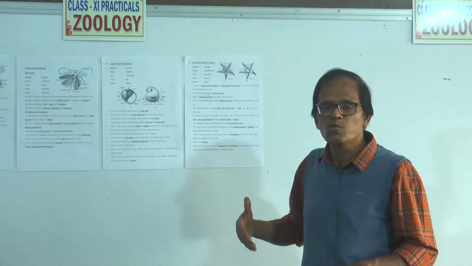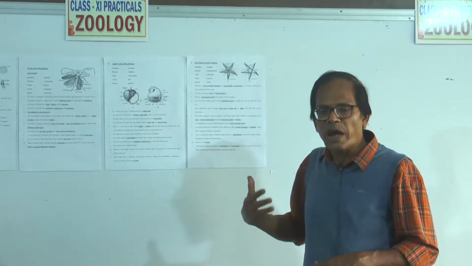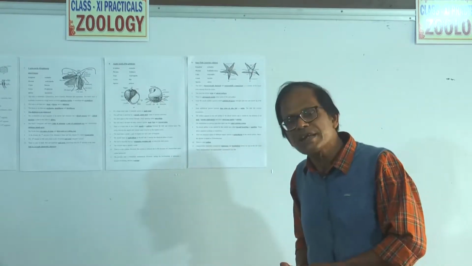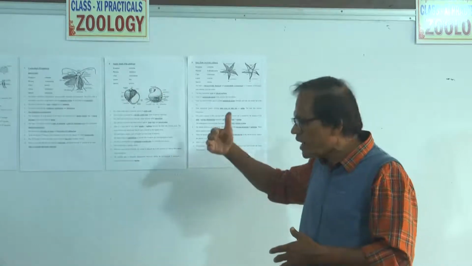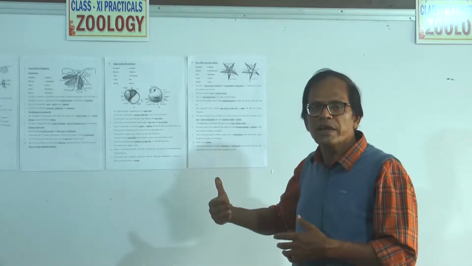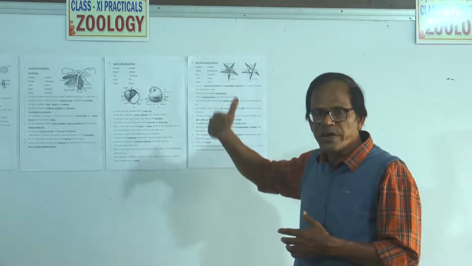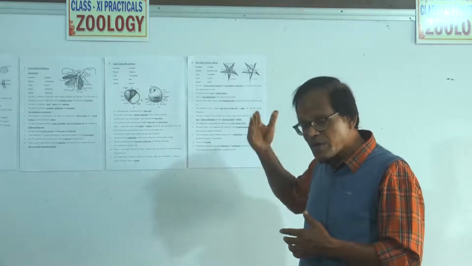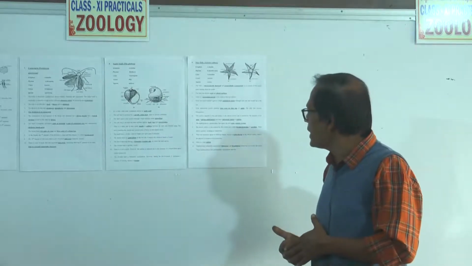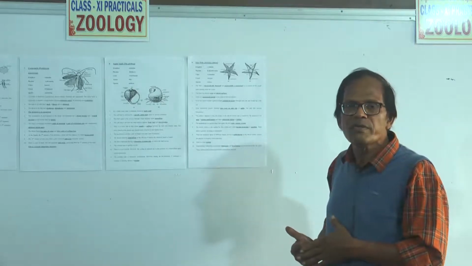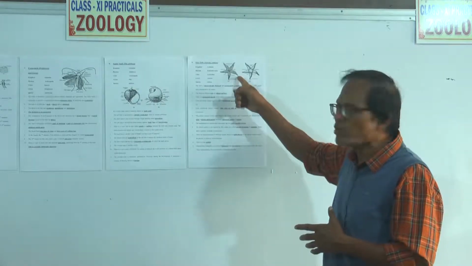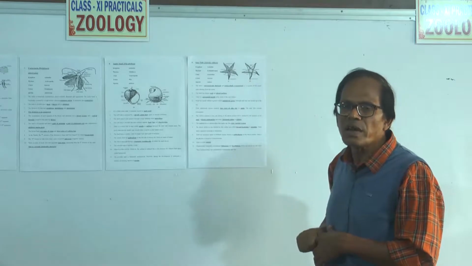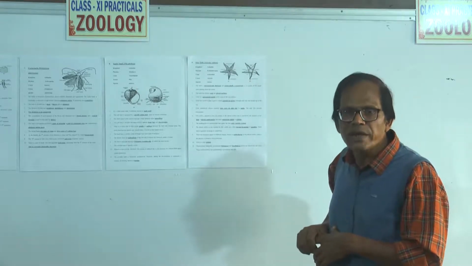This feature has quite a lot of phylogenetic significance. Phylogenetic significance means if you study the animals in the next ascending order, in the next lineup, you will find quite a close similarity between the Echinodermata and the other phyla in the ascending order.